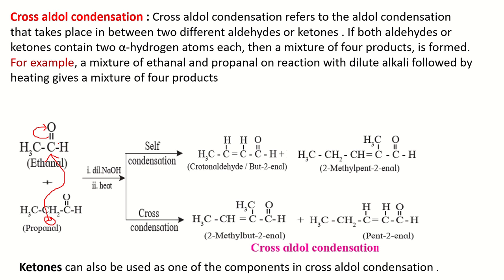Instead of ethanol you can use acetone, and instead of propanol you can use propanone. When acetone and propanone react with dilute NaOH, you will again get self condensation and cross condensation products.